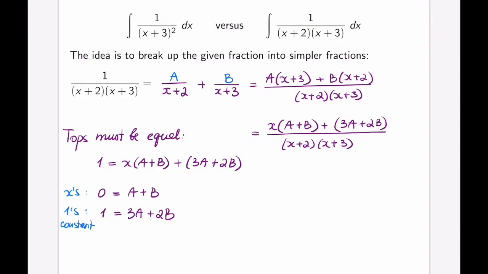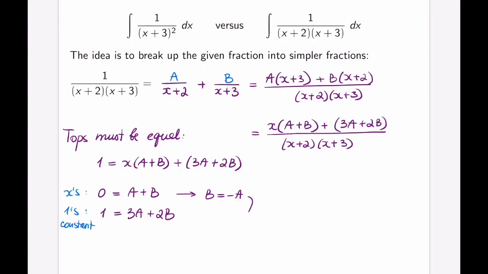Again, it really depends on how you prefer to solve systems of linear equations. For this one, for example, what I can do is solve the top one for one of the unknowns. Let's say from the top one, I can note that b is equal to minus a, and then I can use this fact to replace b in my second equation with minus a.